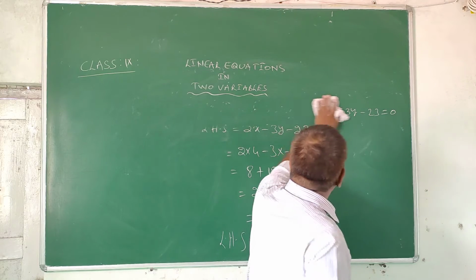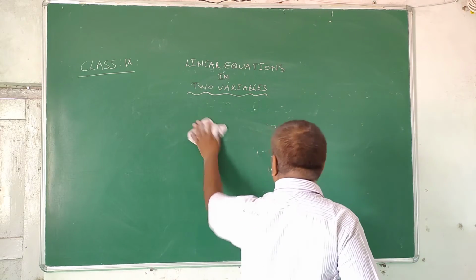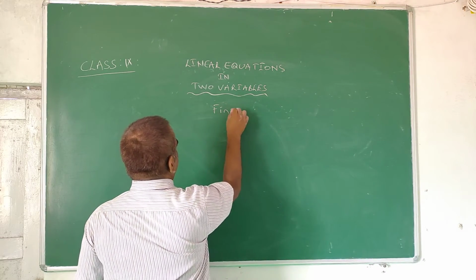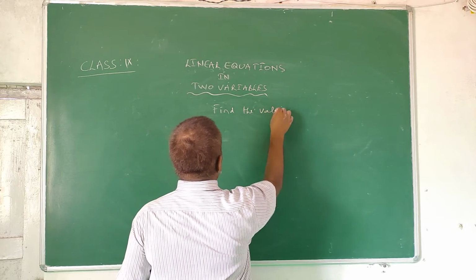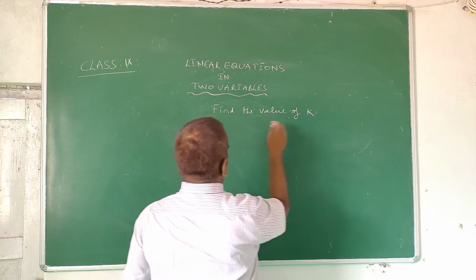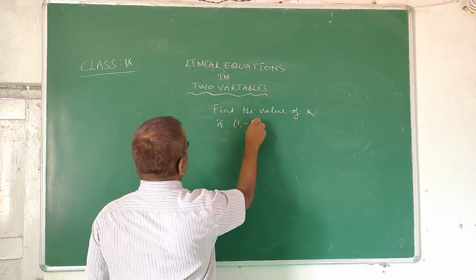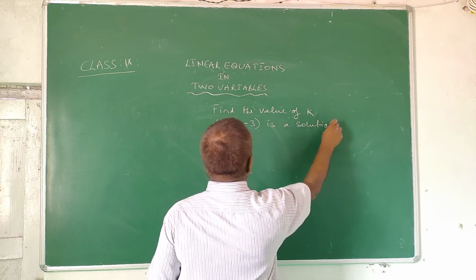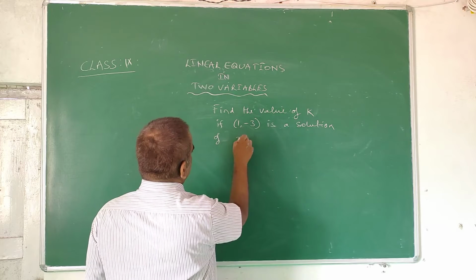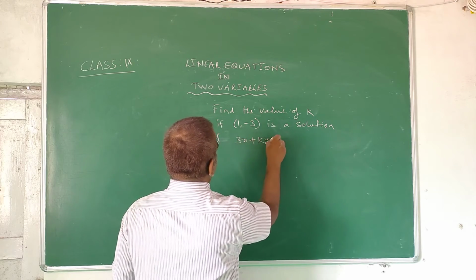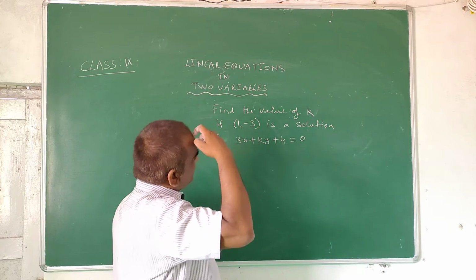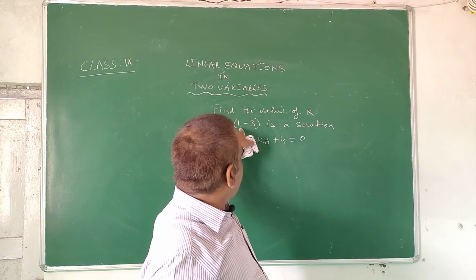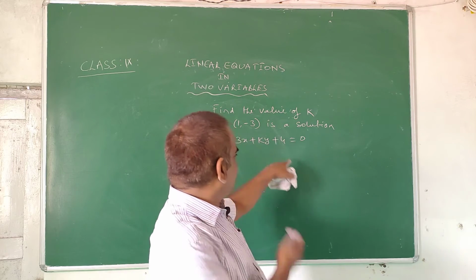See, for example, find the value of k if (1, -3) is a solution of 3x + ky + 4 = 0. So we need to find the unknown k if it is given that (1, -3) is a solution of this linear equation.